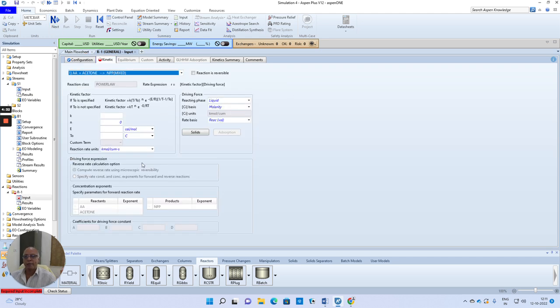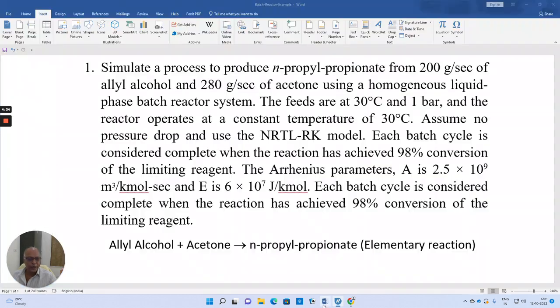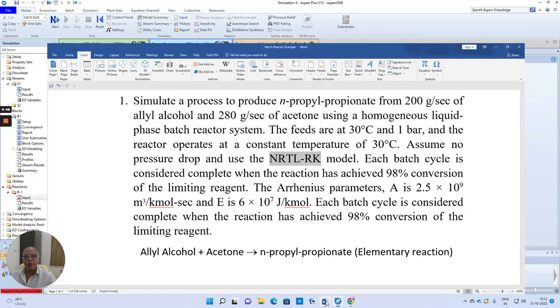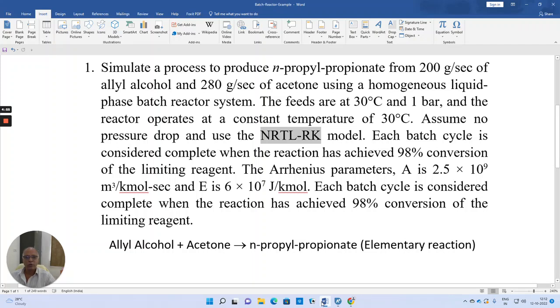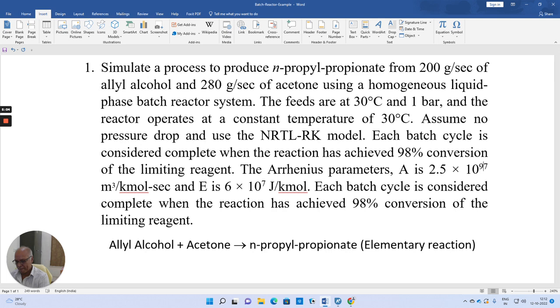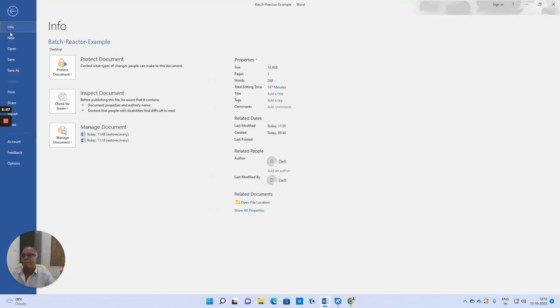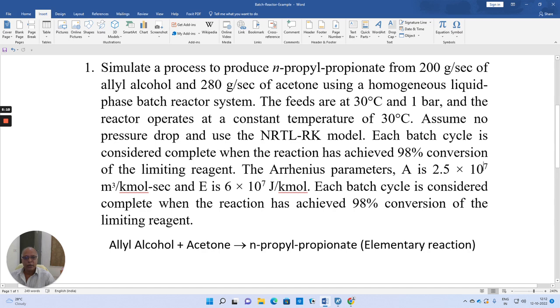Now let us look at the kinetics. So in this problem, unlike the previous two, we are given A and E. We are not given the rate constant at 30 degrees centigrade. But once you know the value of A and E, you should be in a position to calculate the value of K at any temperature. So remember this K is given as 2.5 into 10 power 7 and E is also 6 into 10 power 7 joules per kilomole.